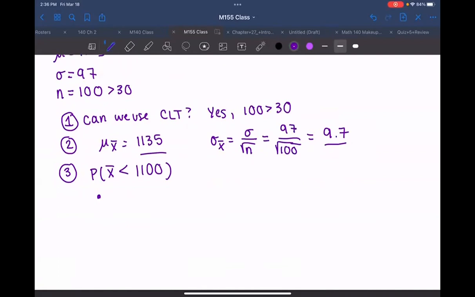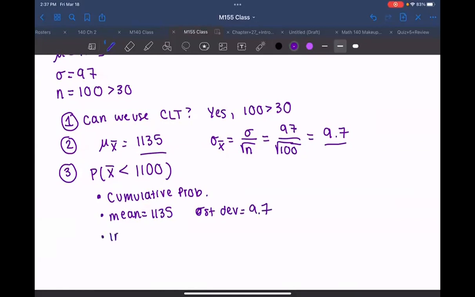Alexis? Cumulative, because it's asking for the probability. Awesome, awesome. So this is cumulative probability. Okay. When we go into Minitab and type in our mean and standard deviation, we're going to type in our new mean and our new standard deviation. So the mean is 1,135. The standard deviation is 9.7.